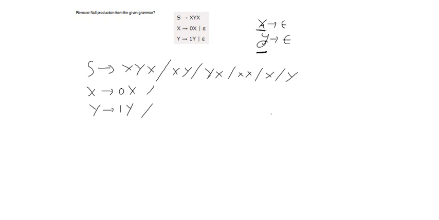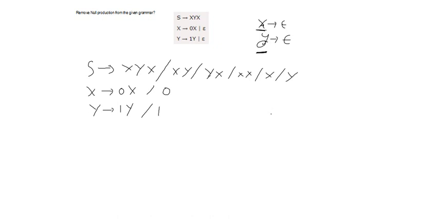Whenever we are considering the secondary production, X implies 0X, in the right hand side we are getting a null producer X. Assume that X is null, then what will happen? You will get only 0 on the right hand side. So 0X slash 0. Then the next, third production rule, Y implies 1Y, and assuming the null producer Y is null, you will get a result 1.